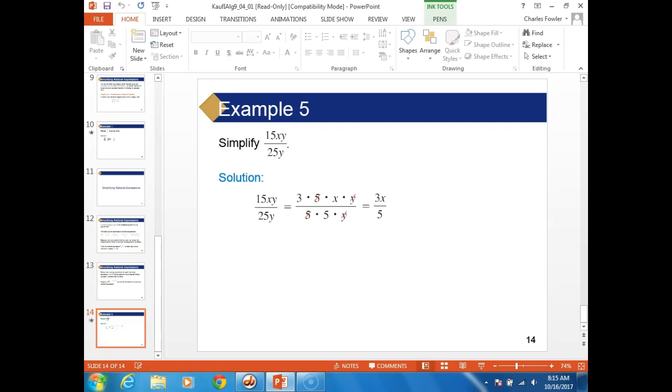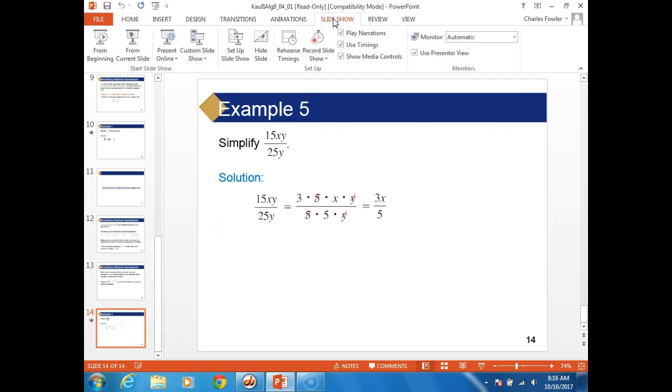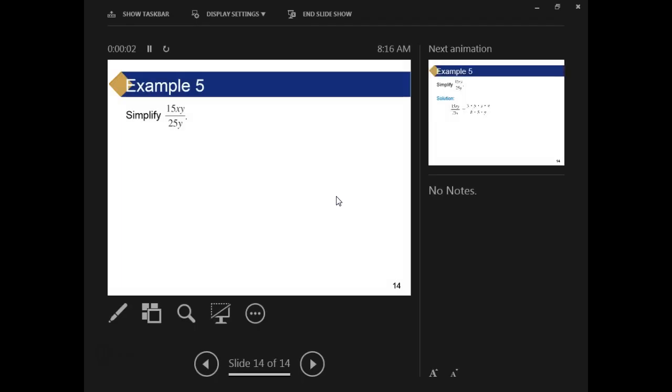Let's see. Can I even get this to do? This may work. Let me try this. Let's do current slide. Okay, we go back to this mode, so maybe the pen will work now.